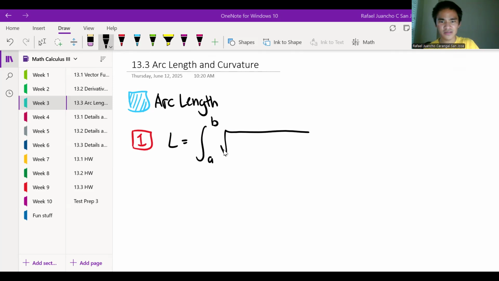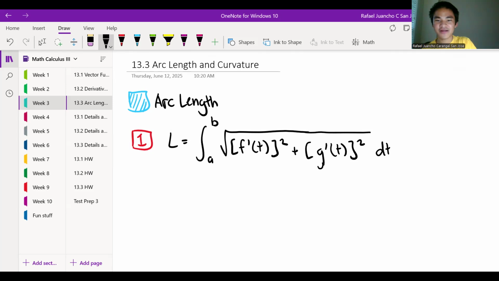So it's going to be f prime of t squared plus g prime of t squared. Now, you might be asking, where in the world did f of t and g of t come from?